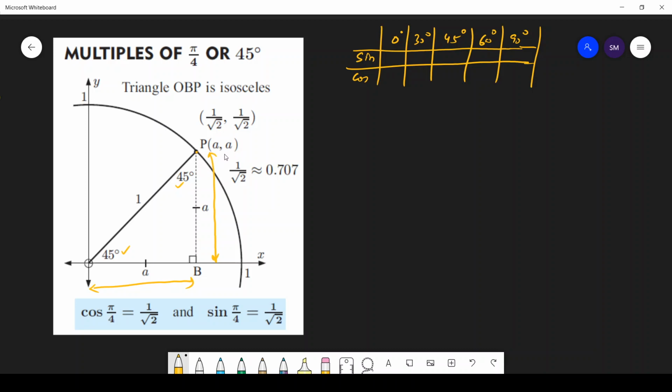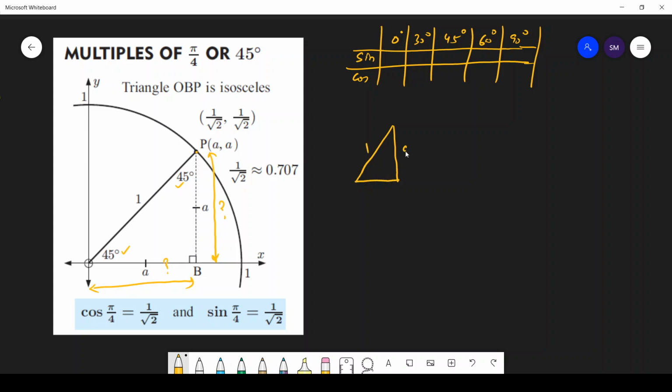So obviously at this point, if you find cos 45 degree, and this is A, what will be the length of this? See, this is an isosceles right angle triangle.